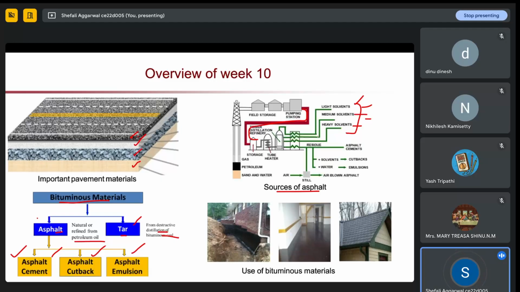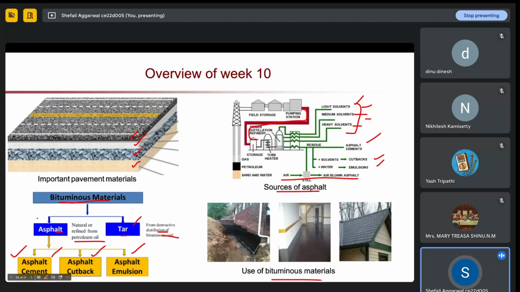Other than these solvents which are usually used in our day-to-day life, we have some residues, mainly our asphalt cement, and then we have cutback and emulsion. If we add some solvent or water to it, it will become cutback and emulsion. The last thing we get is air blown asphalt. Okay, so where are all these bituminous materials actually used?